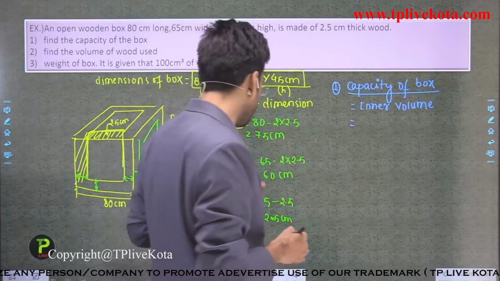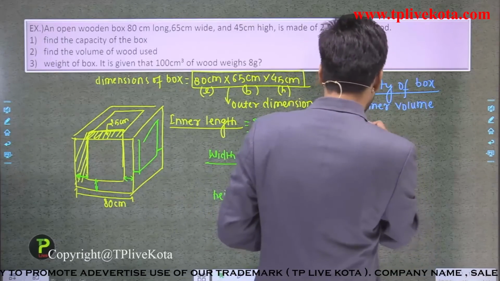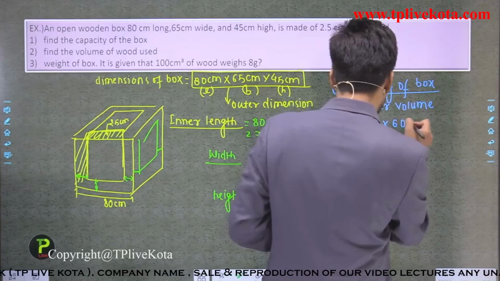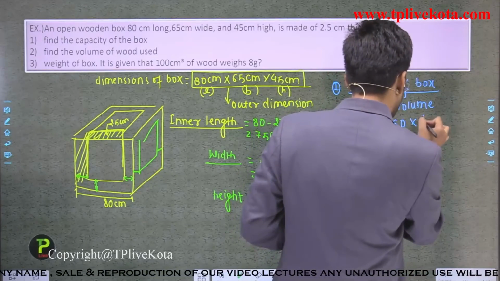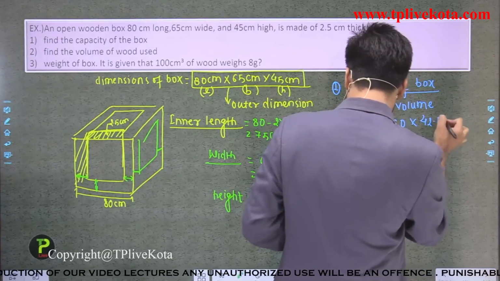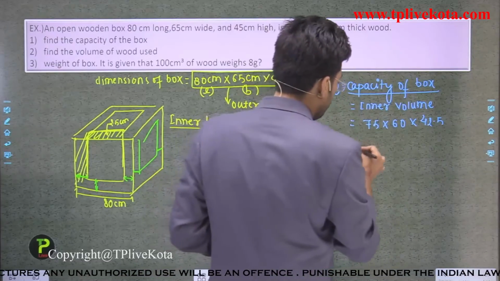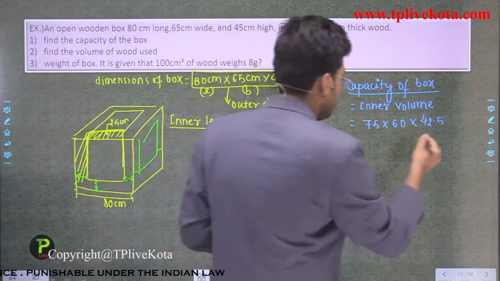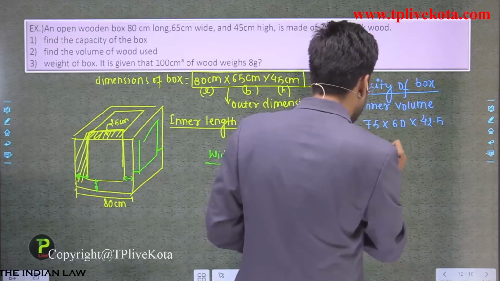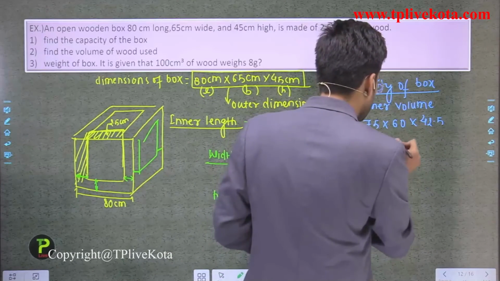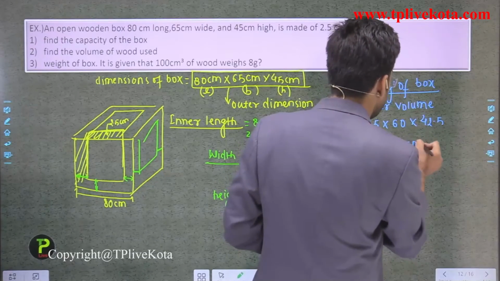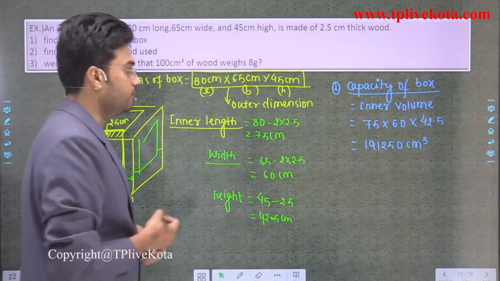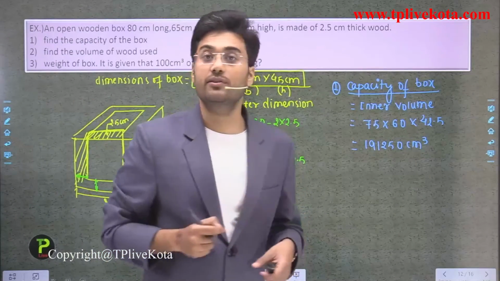Inner length multiplied by breadth multiplied by height, that is equal to 75 multiplied by 60 multiplied by 42.5. When we solve this, we will get 191250 centimeter cube. So this is the capacity of the box.